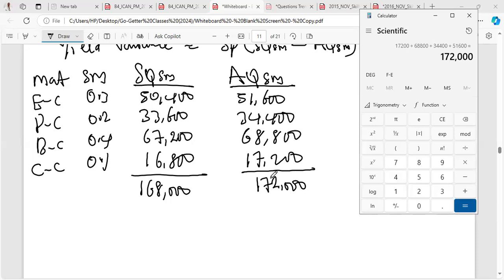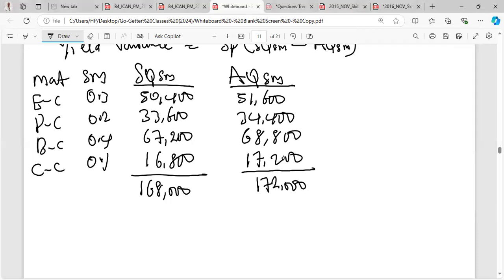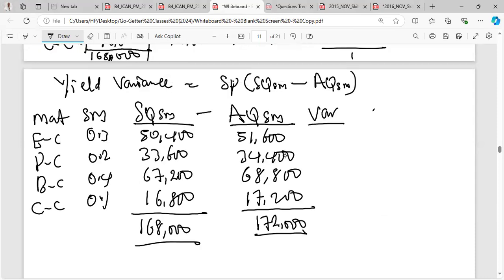So this is your actual quantity at your standard mix, and this is your standard quantity at your standard mix. So of course we are going to subtract. These are variances. Then we are going to put our standard price. Then there's another variance.